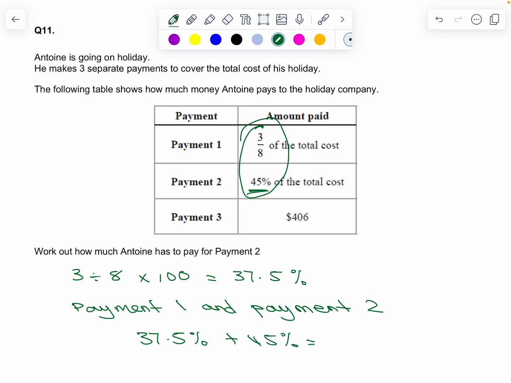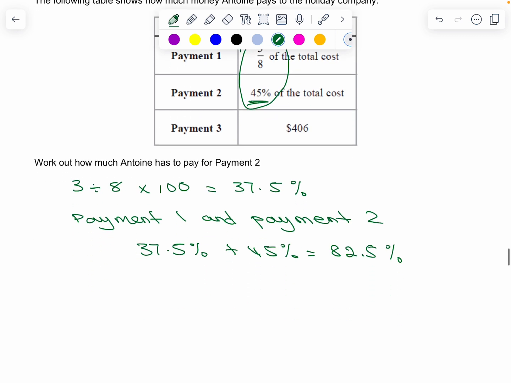And so in total, 82.5% is what we've already paid. So 82.5% is what we've paid in payment 1 and payment 2. It means that if we subtract it from 100%, we're left with 17.5%, which is what payment 3 must be.